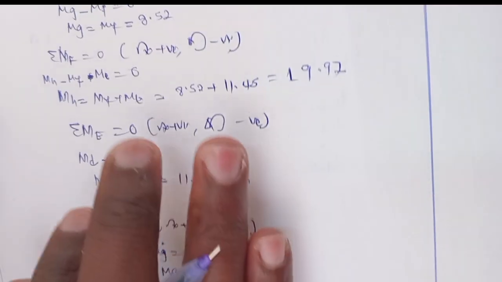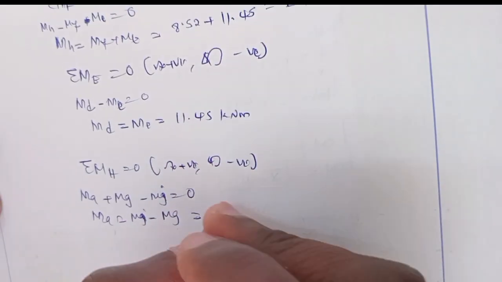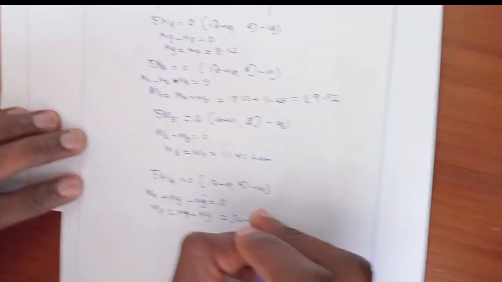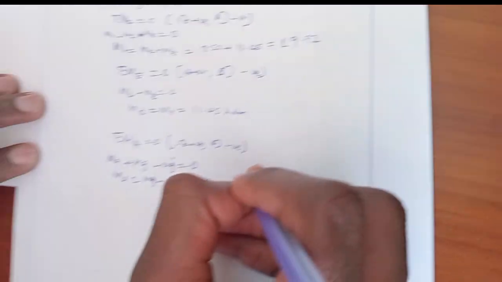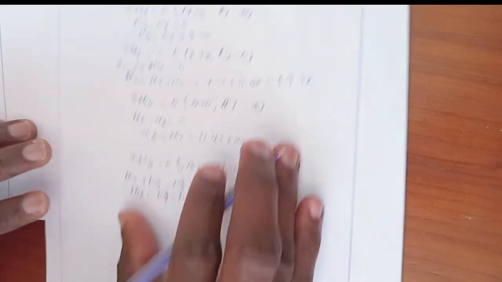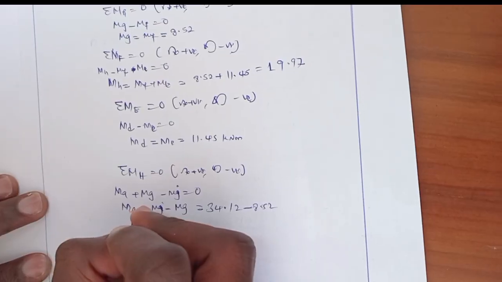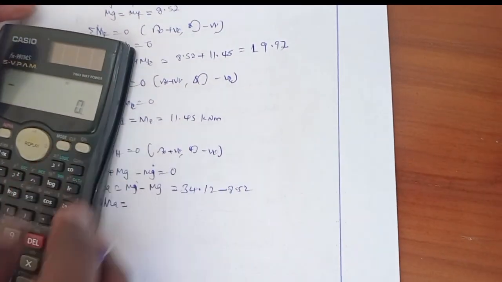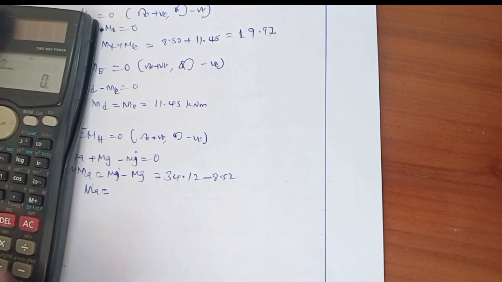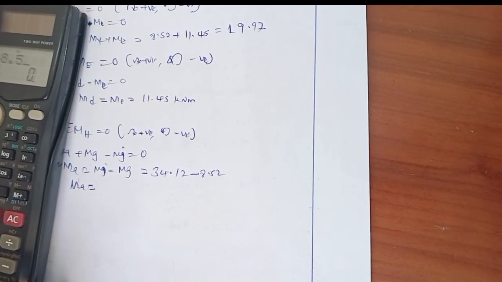MY is 34.12 minus MG. MG is 8.52. Therefore, MA is equal to 34.12 minus 8.52.